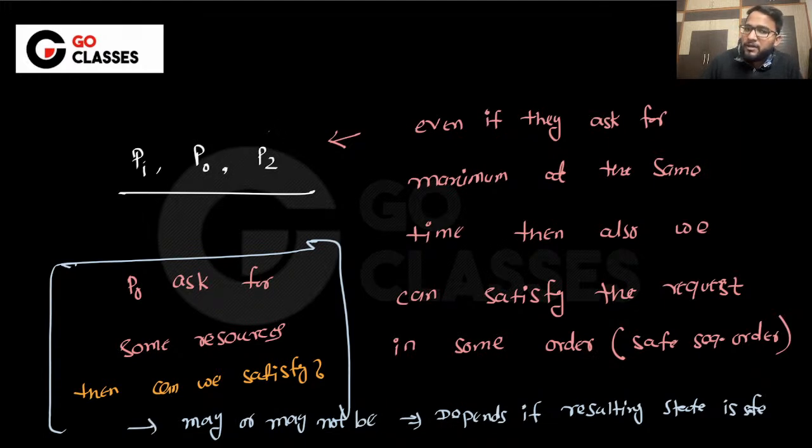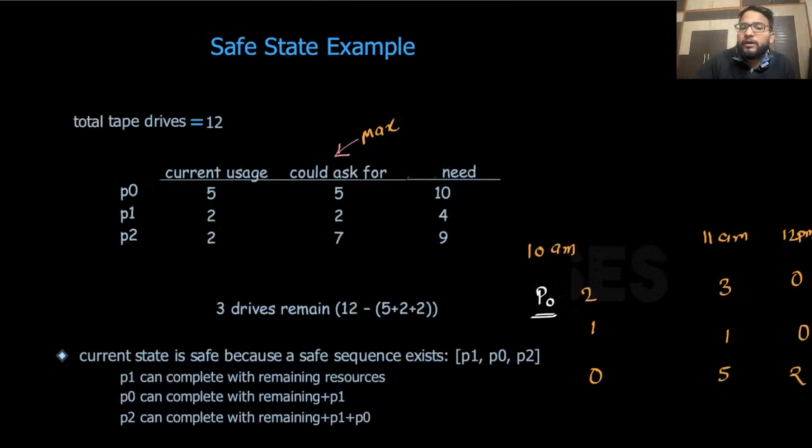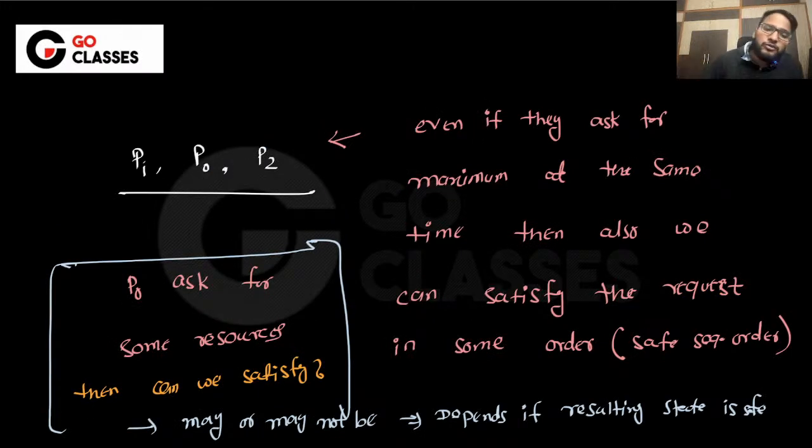Maybe I can give. So what do I mean by saying wait? If someone is asking and it is not a safe sequence, then what will I do? I will ask them to wait. Why am I asking them to wait? Let's suppose the safe sequence order is P1, P0 and P2.